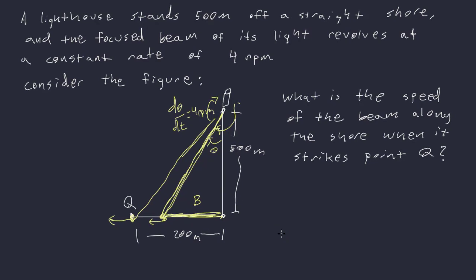Okay. Now, what we want to know is basically what is dB dt when B is equal to 200 meters. The second B hits Q, that length of 200 meters, we want to know what its rate of change is in this direction. Again, I'm assuming everything's positive here. I did sort of draw it backwards, but that's basically because in the book they draw it backwards.